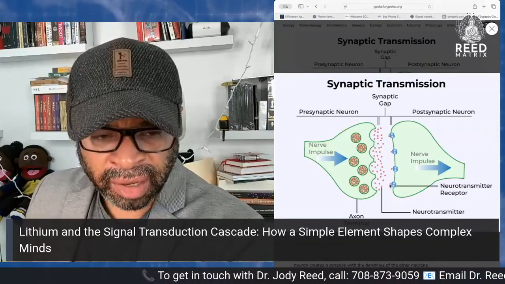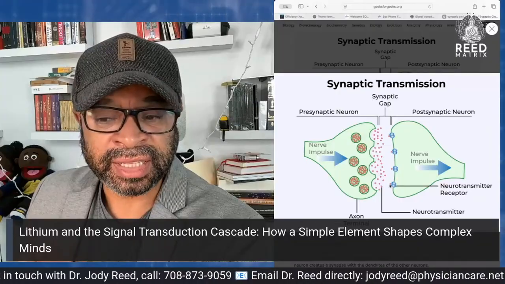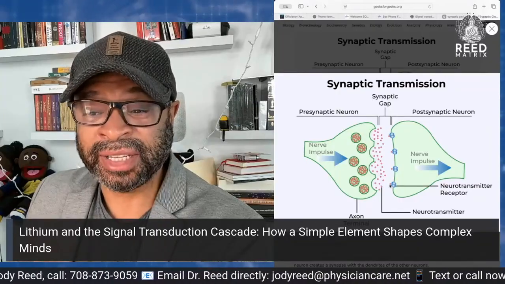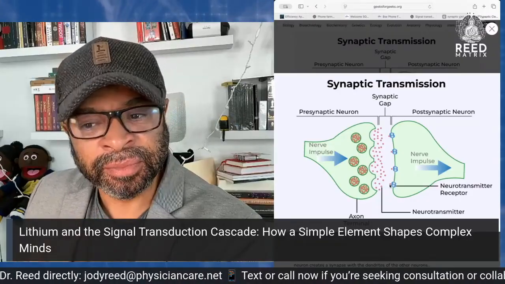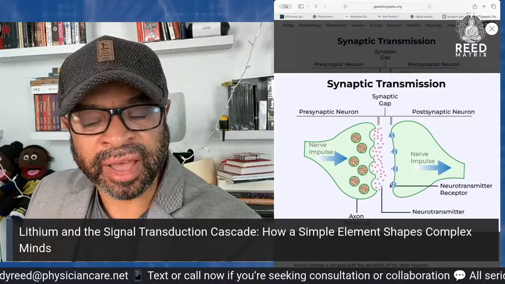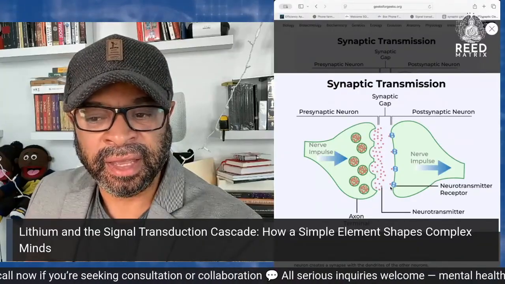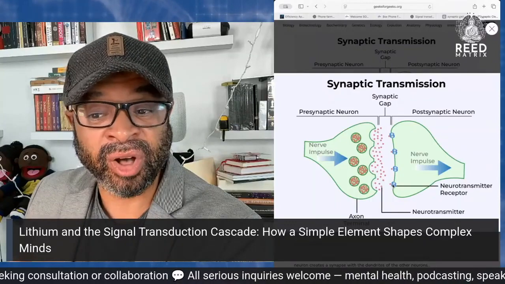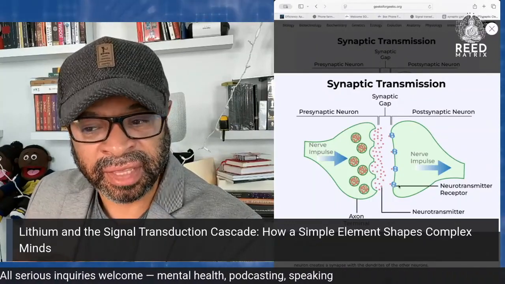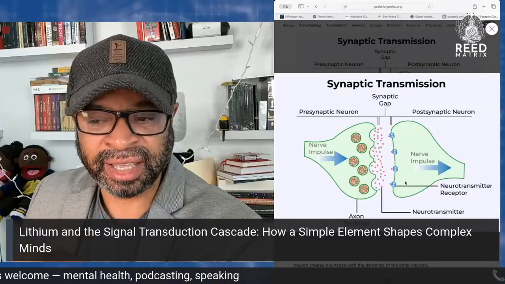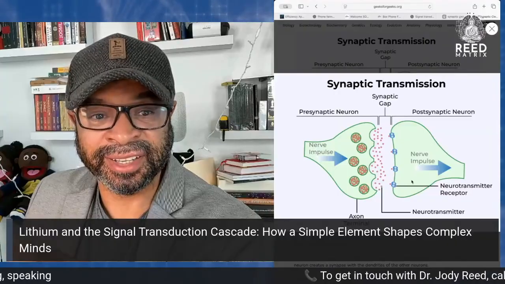So this molecule is binding to the receptor to signal the cell body to produce more of X, right? In the situation I described, where the person is on an antidepressant and basically all the receptors are bound but there's no response, it could be that the signal transduction cascade, the inner signal, is malfunctioning, right?